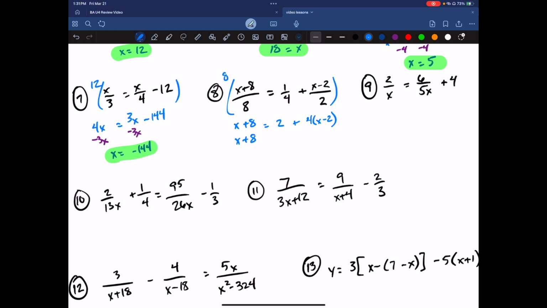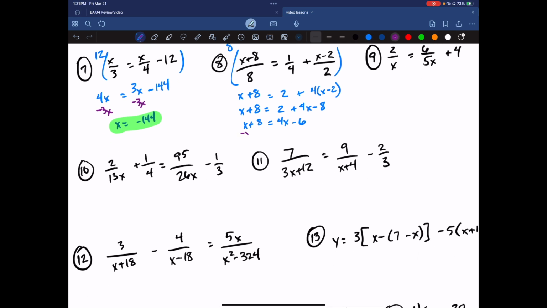It's going to be x plus 8 equals 2 plus 4x minus 8. One more time, x plus 8 equals 4x, 2 minus 8 is negative 6. Okay, let's see. Minus x, plus 6, plus 6.